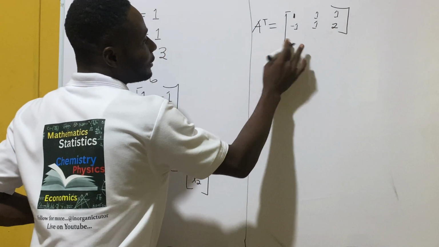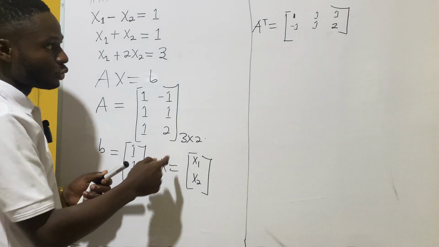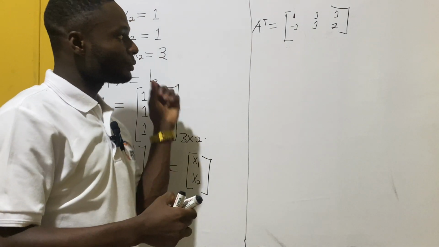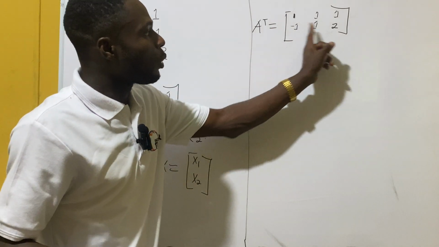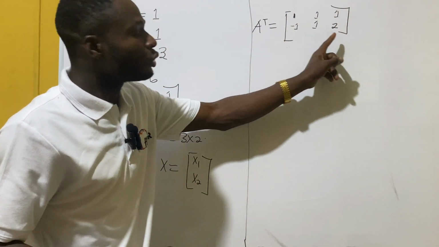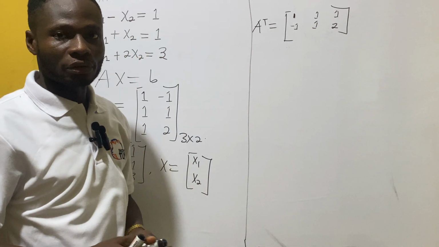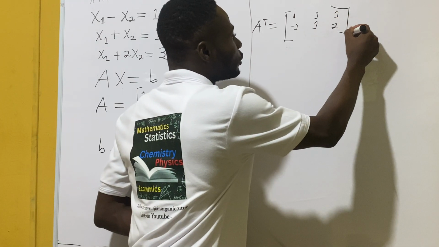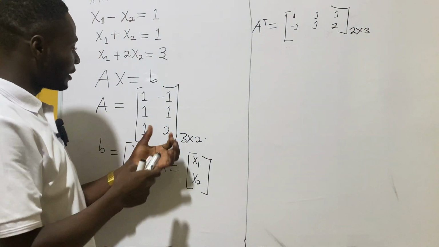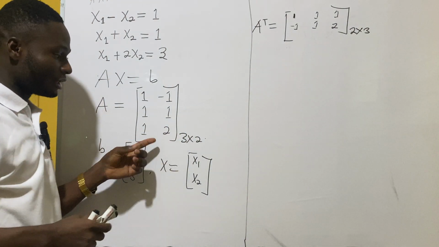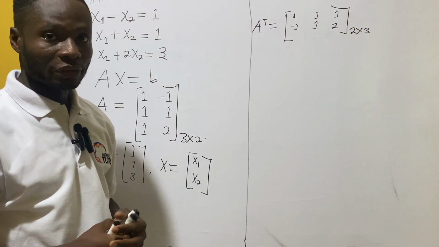So that is the transpose of this particular 3 by 2 matrix. So when you transpose the matrix A, you're now going to have 2 rows and 3 columns. So we have a 2 by 3 matrix. So after the transpose from the matrix A, we have a 2 by 3 matrix, right?